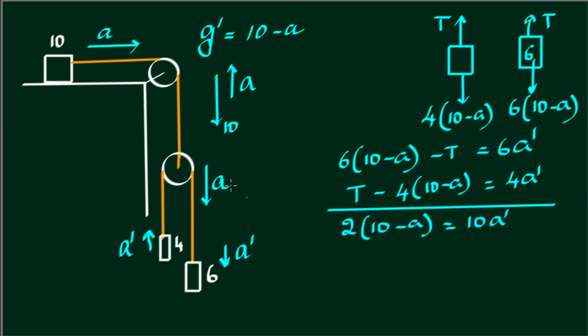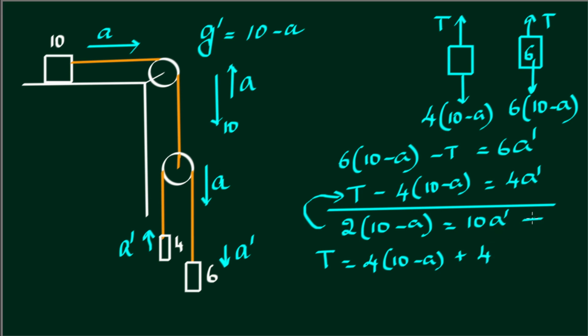Now we need to find the tension here, so that from it we can find the tension in the upper rope, which will tell us the acceleration of the 10 kg block. So let's take this equation and plug it into this one, so that we get the tension T is equal to, taking 4 times (10 minus A) to the other side, 4 times (10 minus A) plus 4A prime.